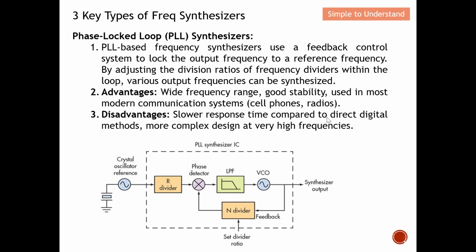This form of frequency synthesizer is gaining more popularity now. I would say that most frequency synthesizers in modern day are made of phase lock loops. Coming to the disadvantage, they have a slower response time as compared to the direct digital method, and we also need a more complex design, especially at high frequency.